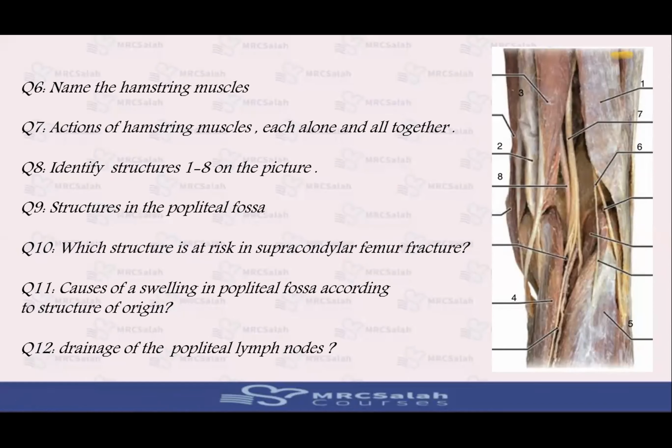The feedback for the previous station was that the picture of the back of the knee is zoomed, and it will be difficult. From the beginning of the station you know you will have a picture of the back of the knee, and the first structure they ask about will be the nerve, the common peroneal. I think we covered all the updated questions.